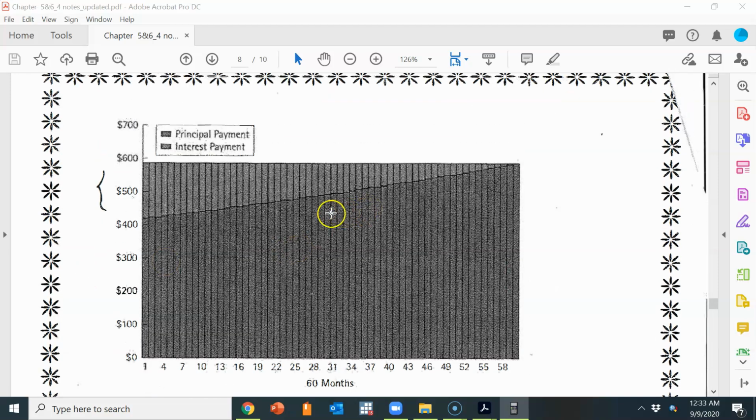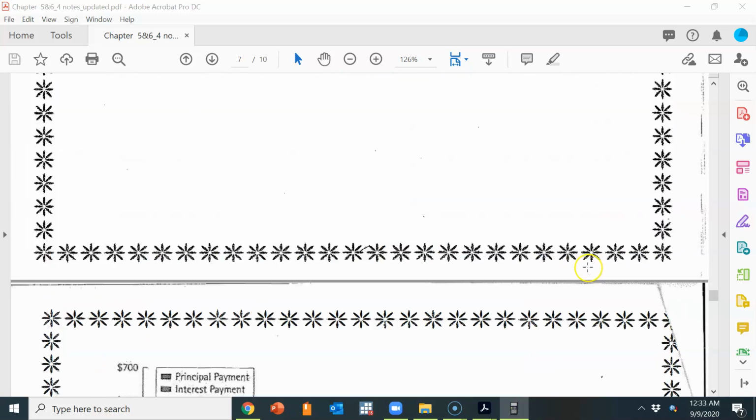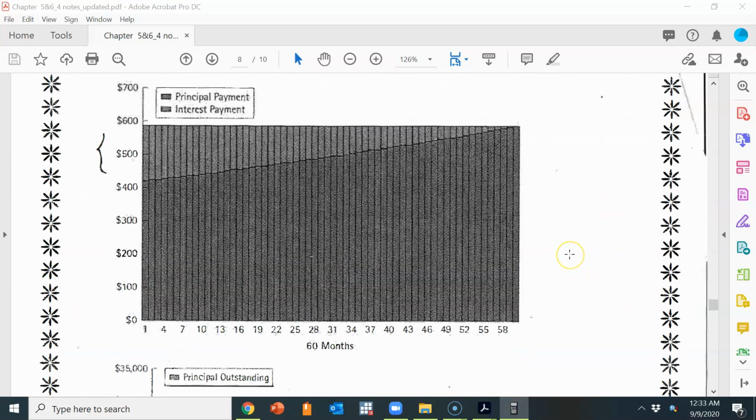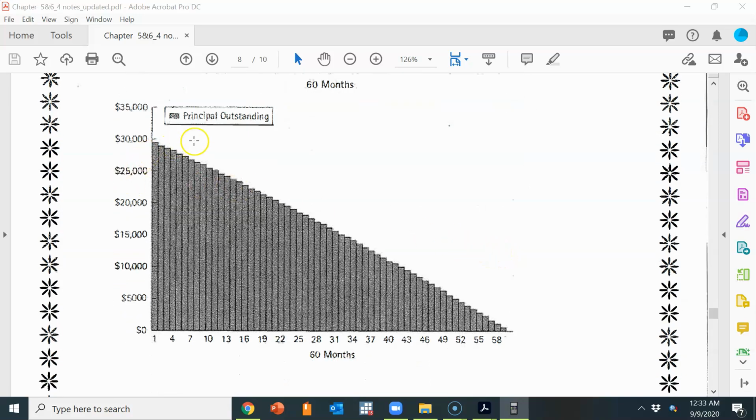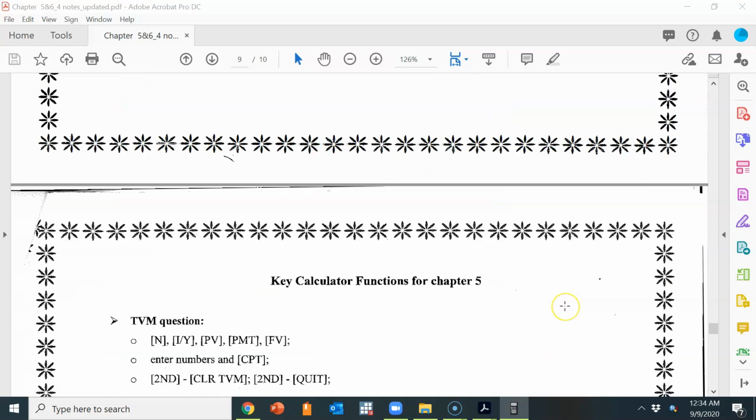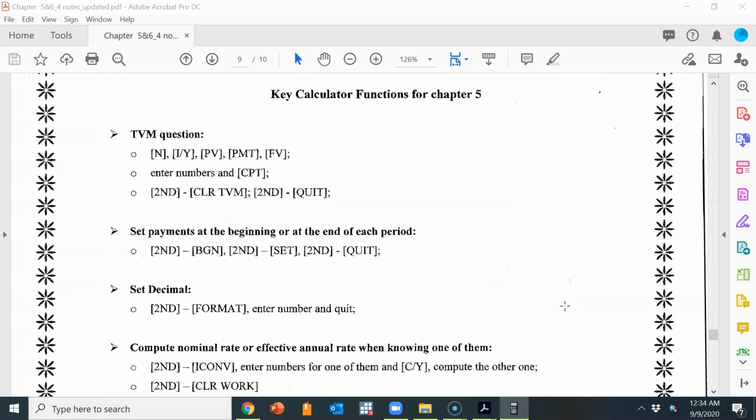And for the amortization table, again, in this monthly example, the total payment amount for each month is about 600, and the interest payment is declining while the principal payment is increasing because the beginning balance, or principal outstanding, is declining. That's all for chapters 5 and 6.